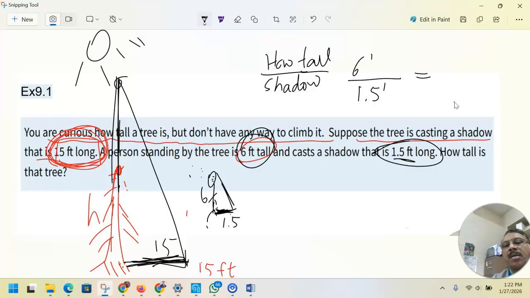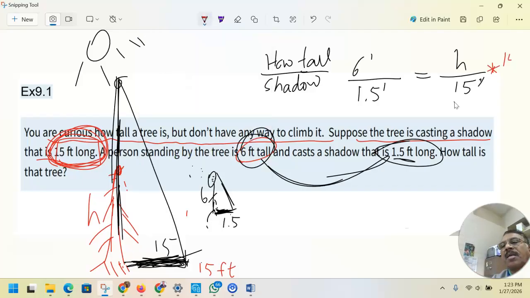And about the tree, how tall it is we don't know, but we know the shadow is 15 feet.